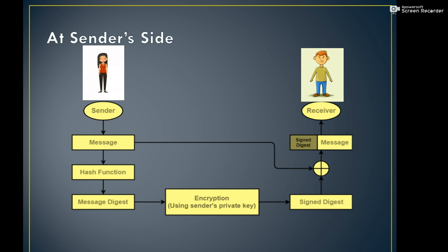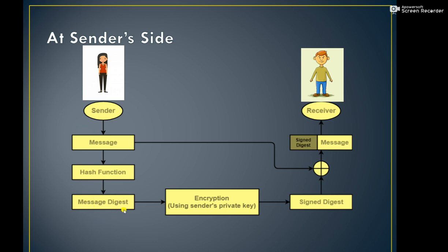Alice will apply a hash function to it to get a message digest out of it. A hash function is applied here, so we get a fixed size message digest. With the help of the sender's private key, this message digest is encrypted.